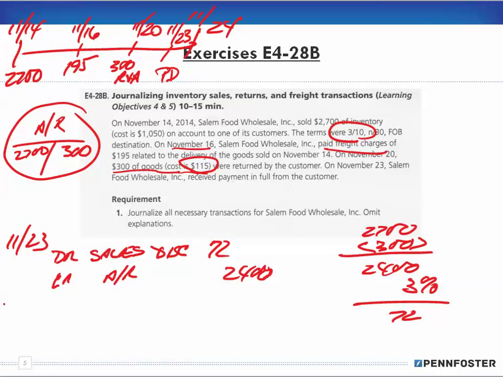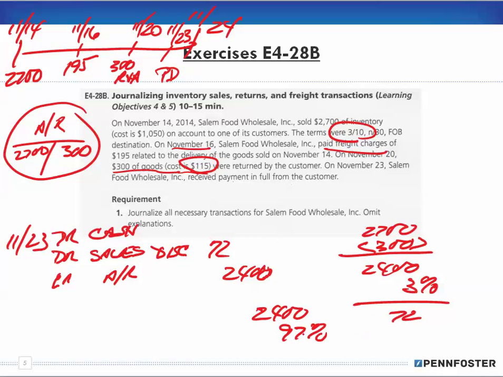Okay. All right, so I need to have my debits equal my credits, so I have to debit something else here. And what am I going to debit? Well, I'm going to debit cash because I'm paying the invoice in full. You know, I could take the $2,400 and multiply that by 97%, right?